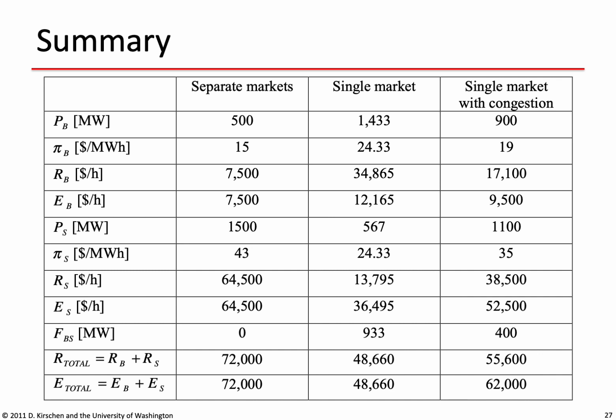So in this case, as opposed to the other two cases, the total revenue of the generators is not equal to the total payments by the consumers. The difference between these two values is what's called the congestion surplus.